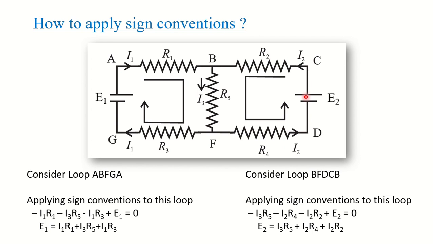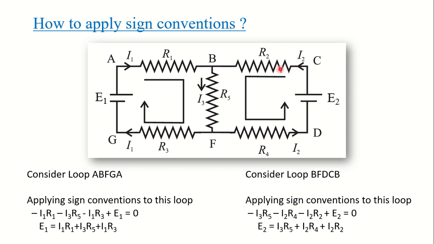Now we are moving across the cell. Across the cell, it is moving from negative to positive, from lower potential to higher potential. So E2 has to be positive. Now the last resistance R2, the current is I2, so the potential drop is I2R2.